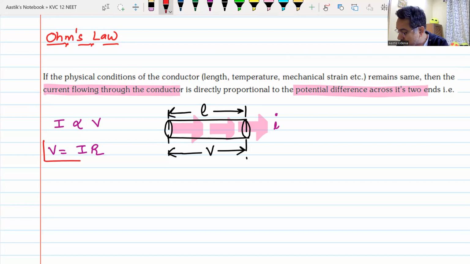V is equal to IR. Where what is I, what is R, what is V? Tell me fast.